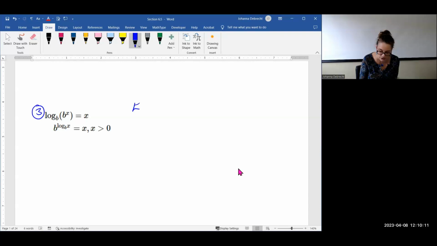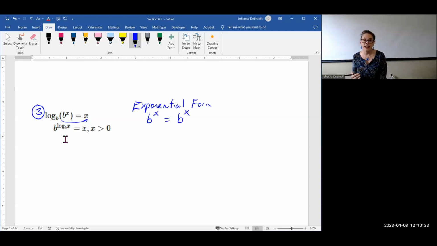And in exponential form, what we're looking at over here is we're going to take the base b, because it is below and to the right. So that's right here. And we're going to raise it to the power x, and it's going to equal b to the x. So b raised to the x power equals b to the x. Well, similar to the last one, it's kind of obvious, right? I mean, it just makes sense.